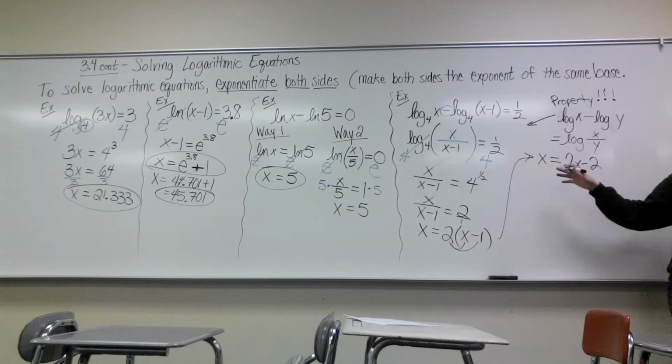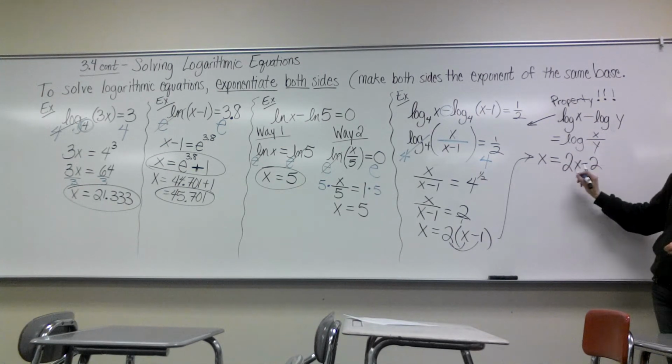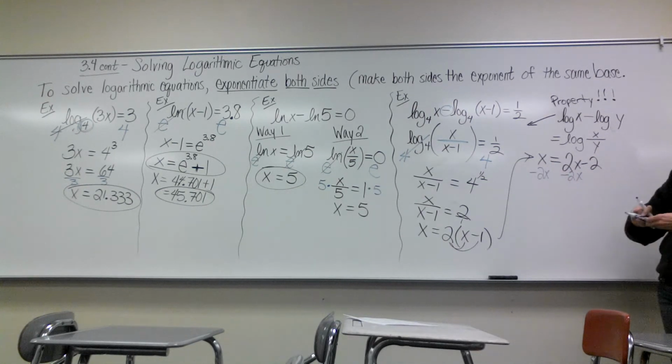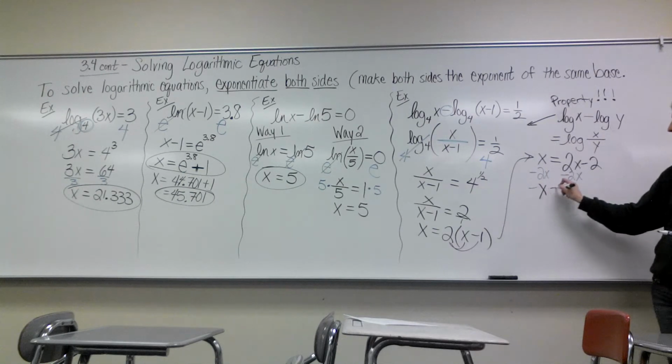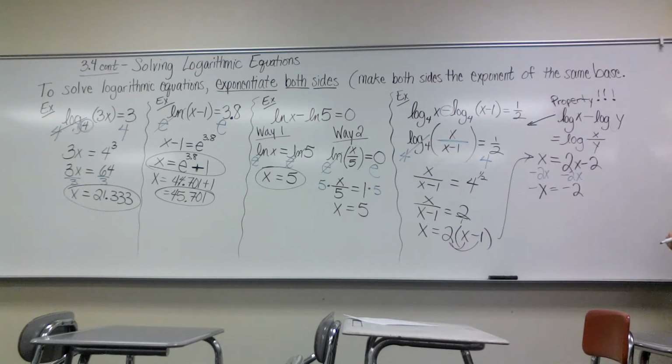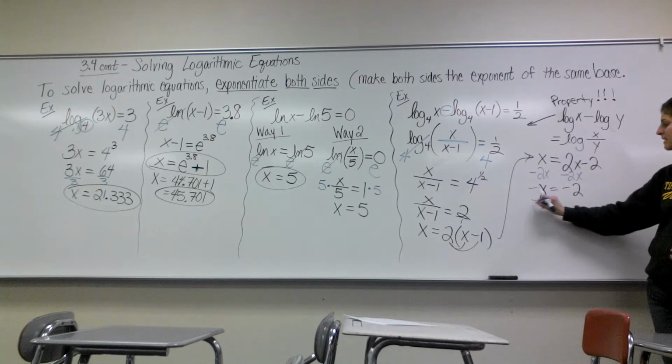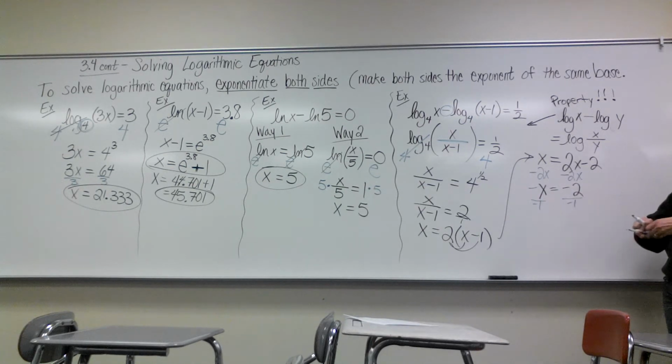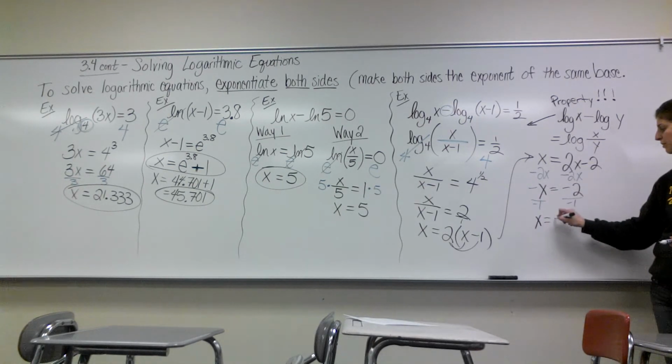Get x on the same side and the numbers on the other side. So if I subtract 2x from both sides, I get negative x equals negative 2. Divide both sides by negative 1, and x equals positive 2.